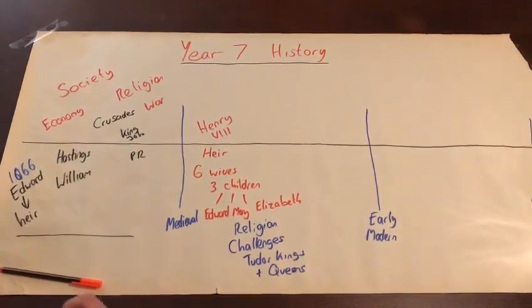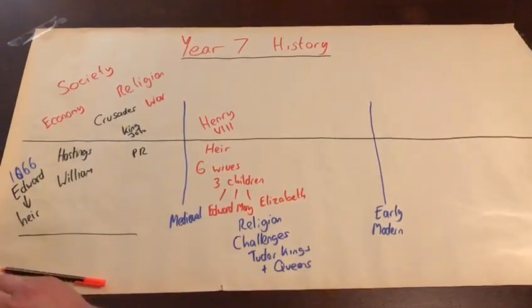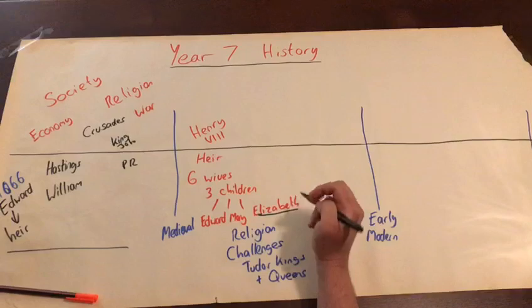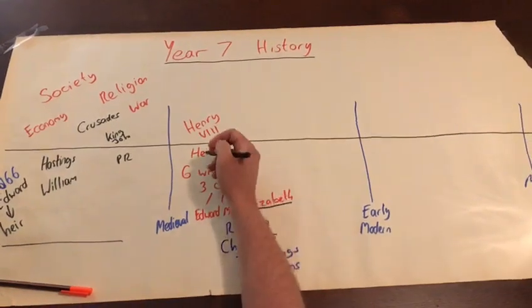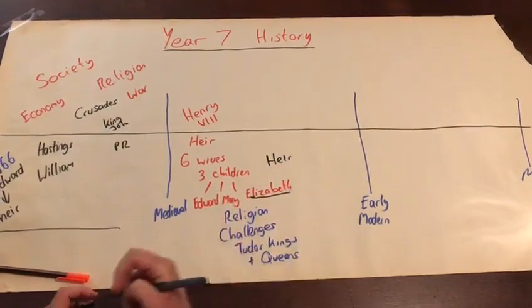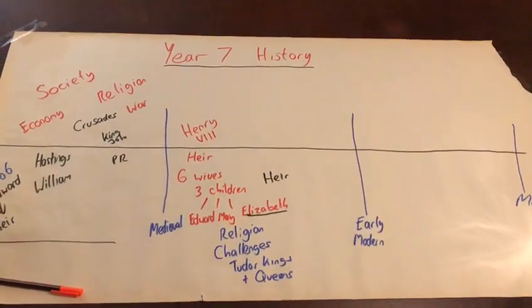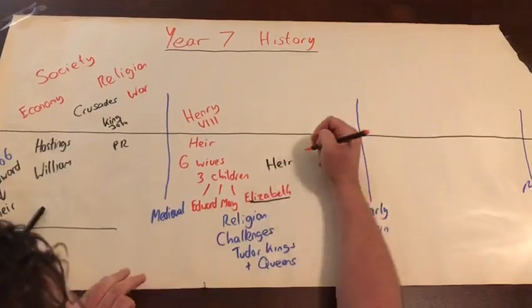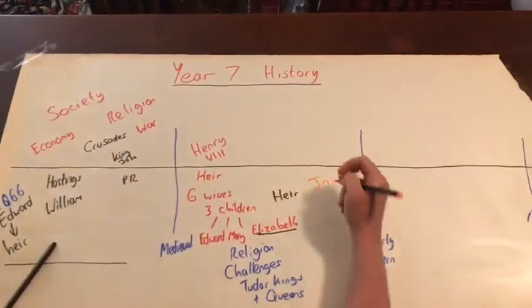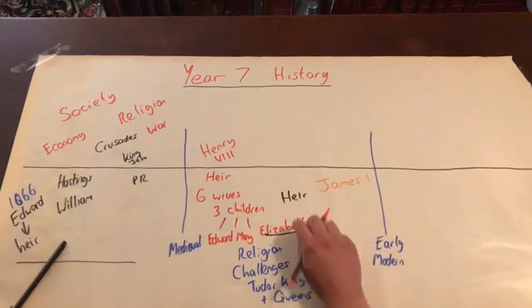Then once we moved on from that and we looked in particular detail at Elizabeth. Elizabeth also, similar to Henry, similar to Edward, did not have an heir. So she named James, who became James I of England and also King of Scotland, as her heir to the throne.